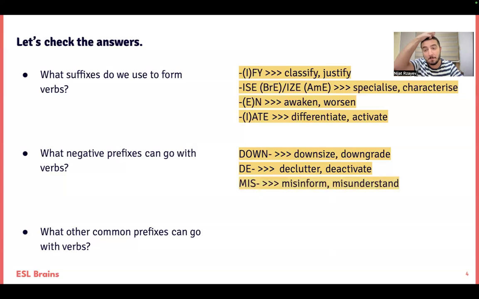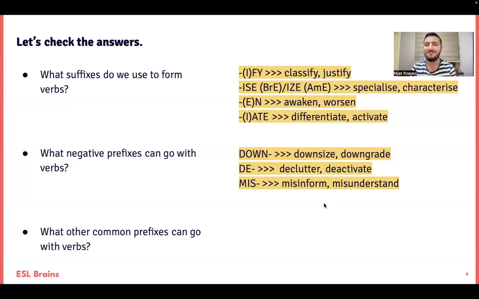Now the next one is miss. This is one of my favorite prefixes actually because it changes the whole meaning, right? Such as misinform or misunderstand. So if you misinform someone, what do you do? Julia? Yeah. So if I tell you guys that there are 15 planets, I misinform you because I give you wrong information.